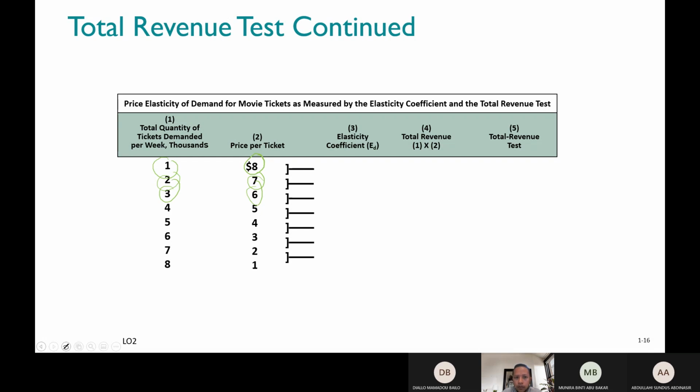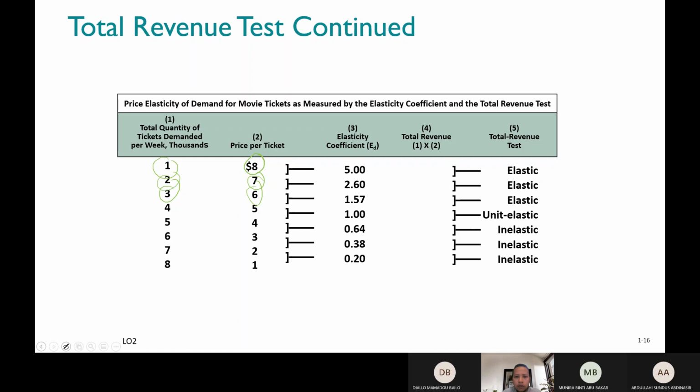So if you calculate the total revenue, okay, you can see that the first case the price is 8 and the quantity is 1,000, total revenue 8,000.